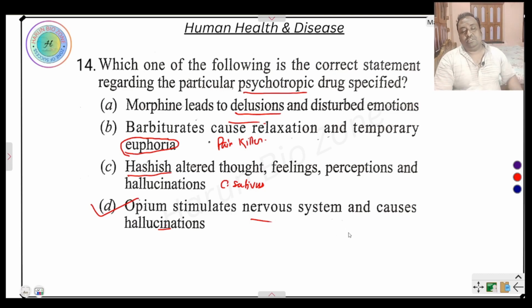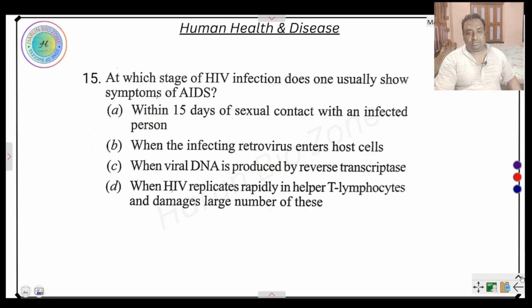So here the correct option is opium stimulates nervous system and causes hallucination. Next question is, at which stage of HIV infection does one usually show symptoms of AIDS? Usually show within 15 days of sexual contact with an infected person.